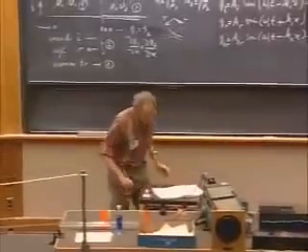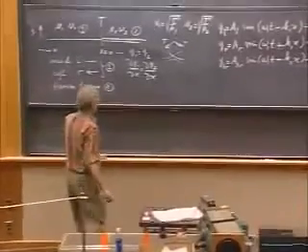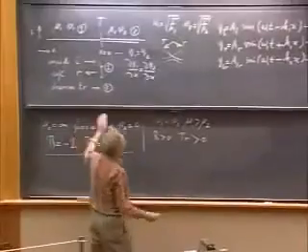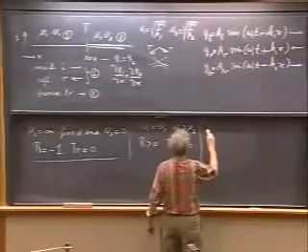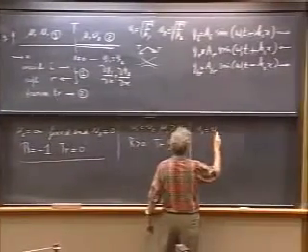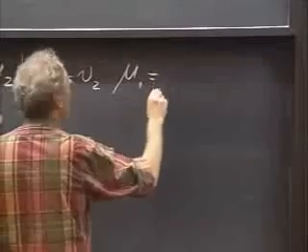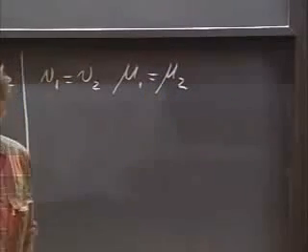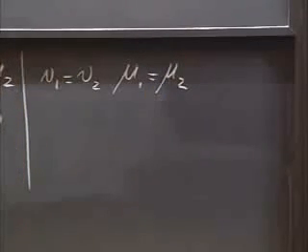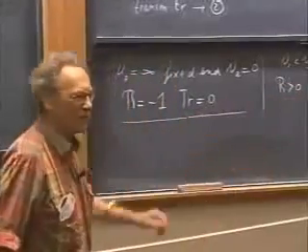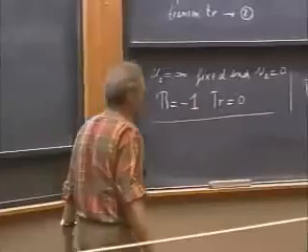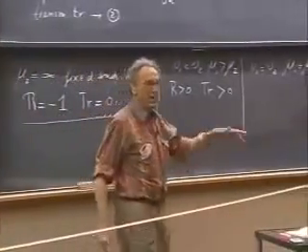So now, we take an example which is absolutely thrilling. V1 equals V2. That means mu1 equals mu2. That's another way of saying there is no junction. It's just one rope, all the same material. Well, if there is one rope with all the same material, do you think that anything will reflect?